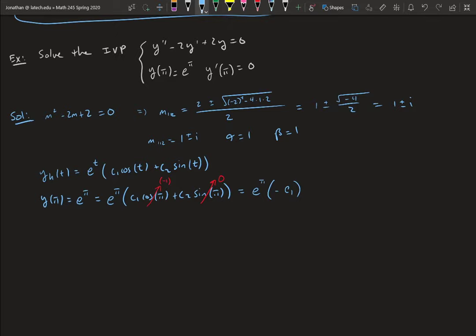So that means what should c1 be? c1 should be negative 1 to cancel out that negative. So y is going to be e to the t times negative cosine t plus c2 sine t.